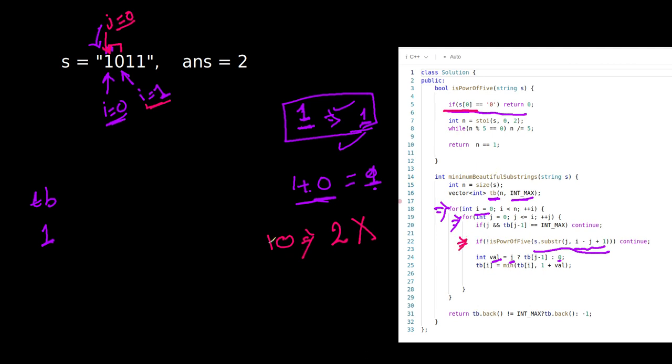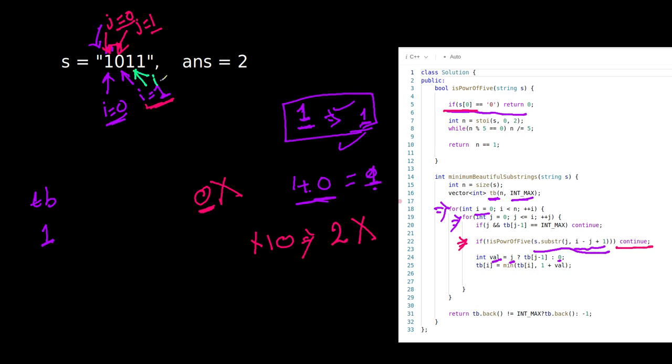In this case we don't do anything, we just continue the loop. The other substring that ends at 1 is j equal 1, from 1 to 1, this substring 0, which also has a leading 0, so we don't need to do anything.